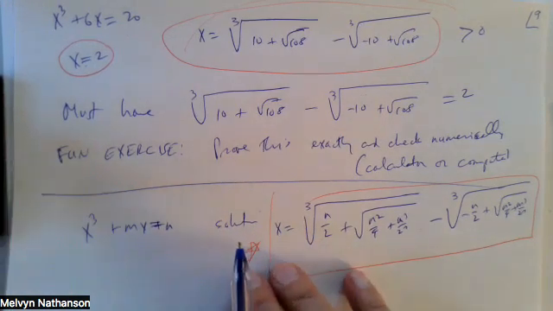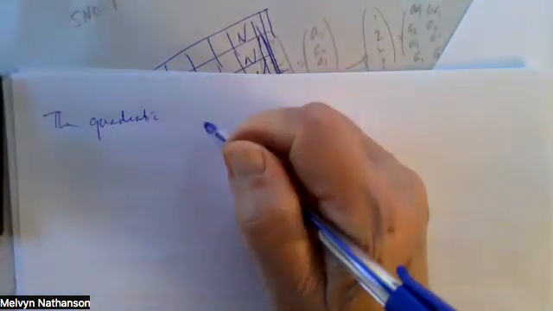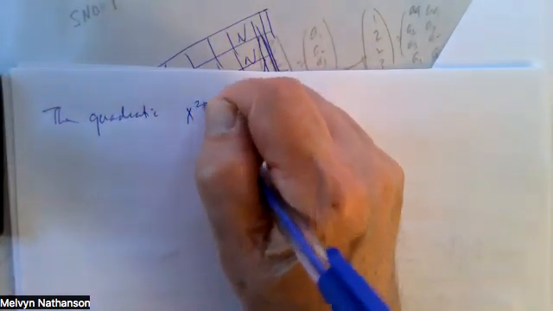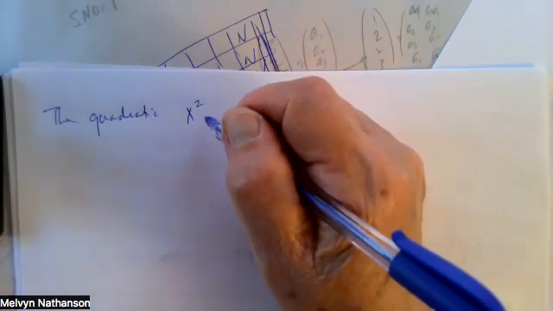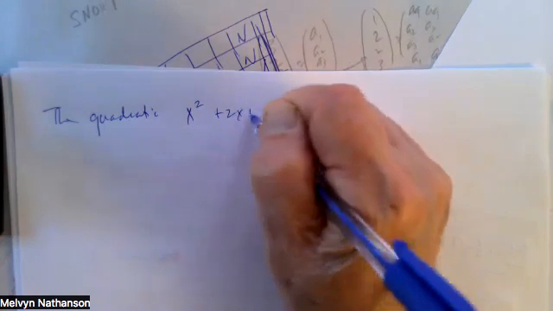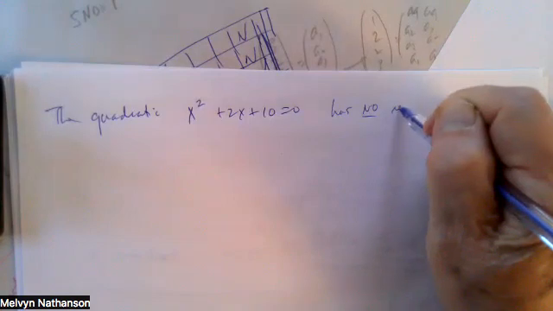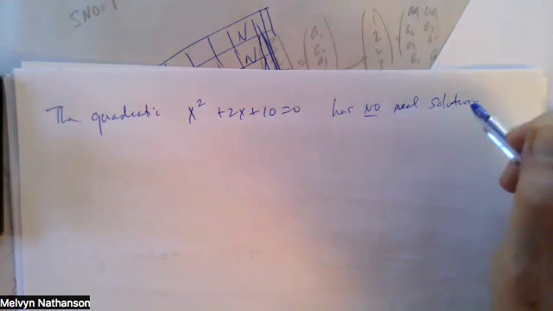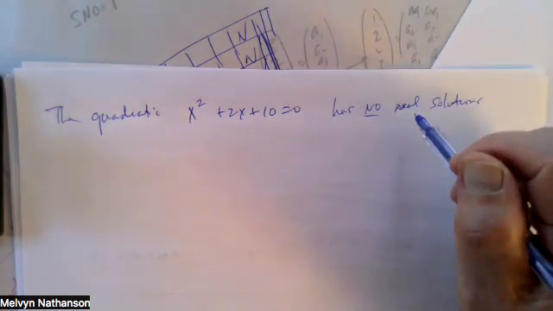So we saw a moment ago that the quadratic x squared plus 2x plus 10 has no real number solutions, no real solutions. That doesn't mean it doesn't have solutions. It means the solutions are in the complex numbers. They're not real numbers.